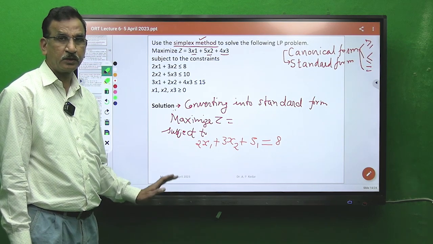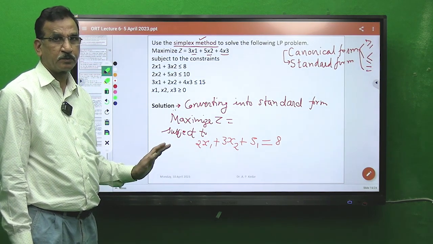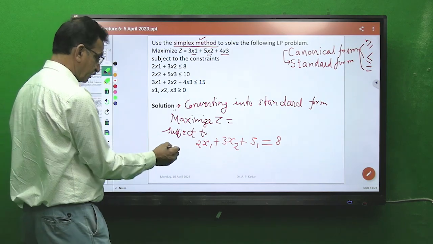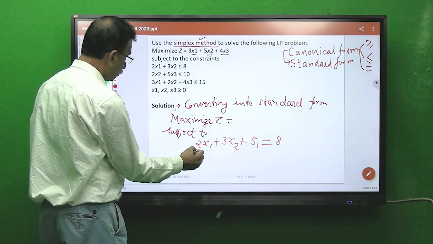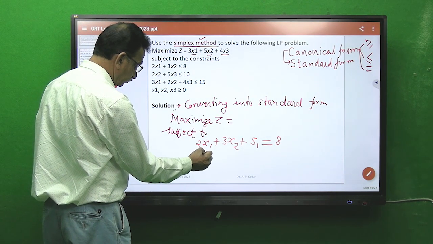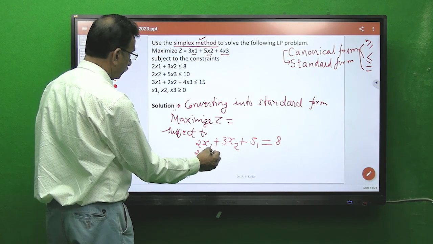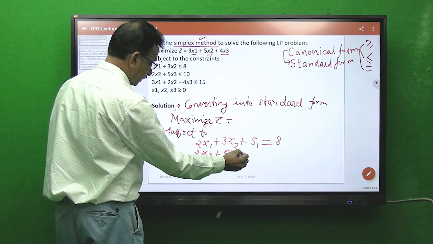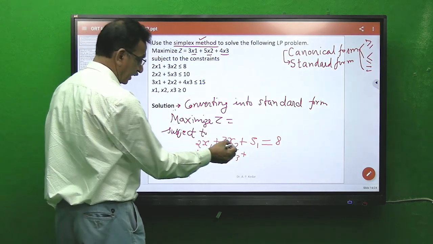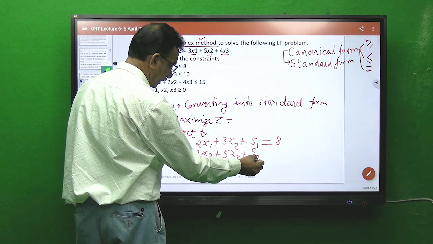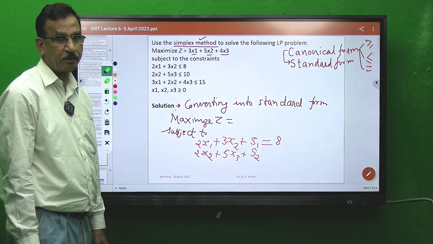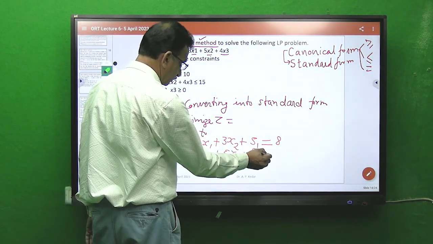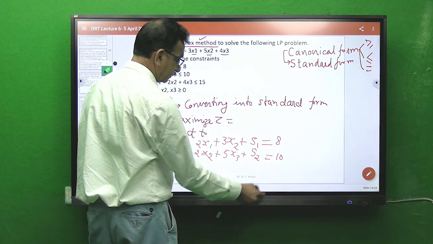This we have studied under the steps version in last lecture. Second, in the similar fashion, can be written as 2x2 plus 5x3. Again I have to add slack. I am using that slack second time, therefore S2. Now this is equal to 10.